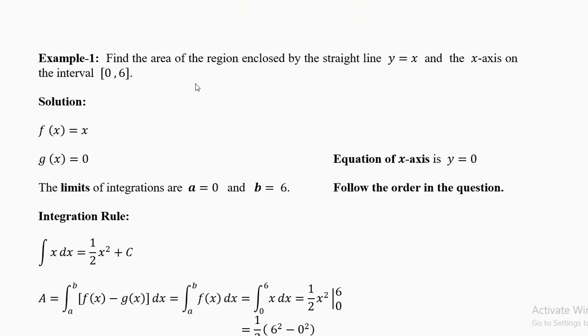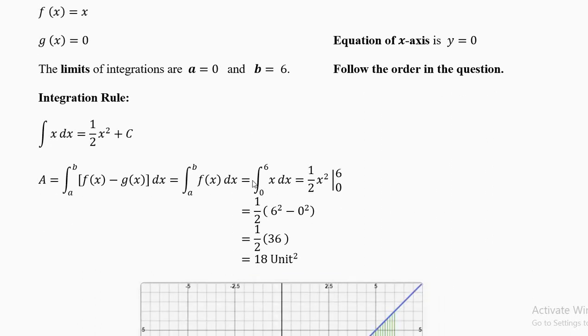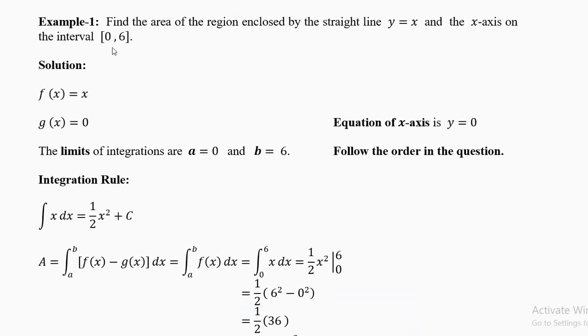Now first example, find the area of the region enclosed by the straight line y = x and the x-axis on the interval [0, 6]. Now x-axis means y = 0, so your function g = 0, f(x) = x, which is given in the question. The limits of integration are given to you, a = 0, b = 6.